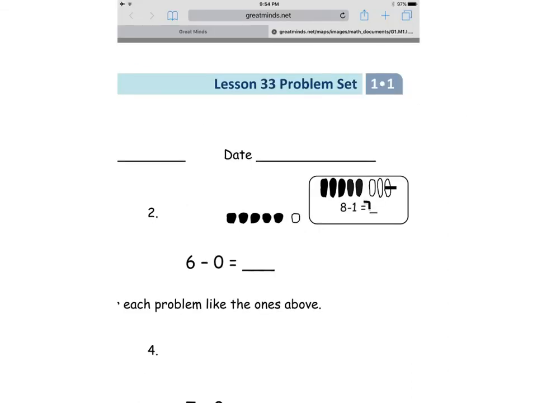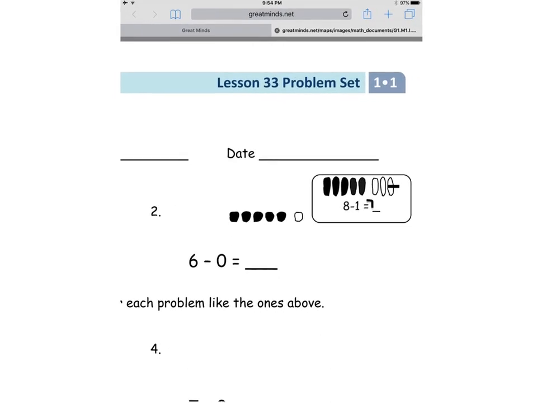Now we're on problem number 2. It should look like this on your paper. And the problem is 6 minus 0 equals. You probably know that answer right away, but we want to make sure we understand what that looks like.